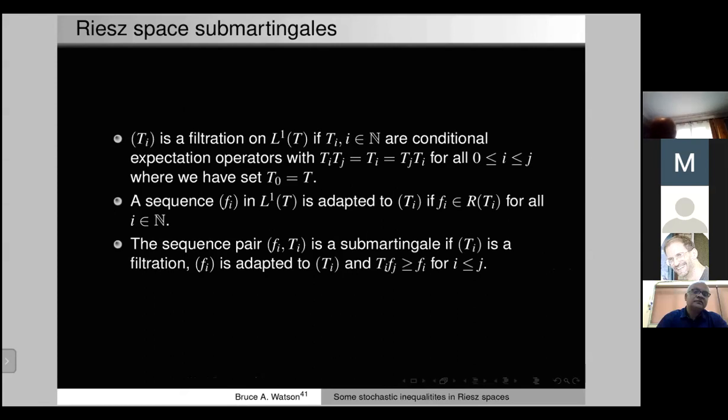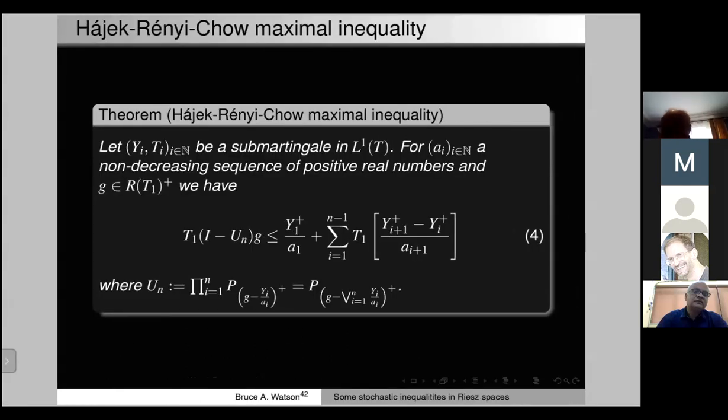If we combine all of these pieces of machinery, we can define a filtration in a Riesz space by conditional expectation operators, adapted sequences, and sub-martingales. Then combining a whole lot of these inequalities, we can prove the Hájek-Rényi-Chow maximal inequality as given here for sub-martingales in L1(T).